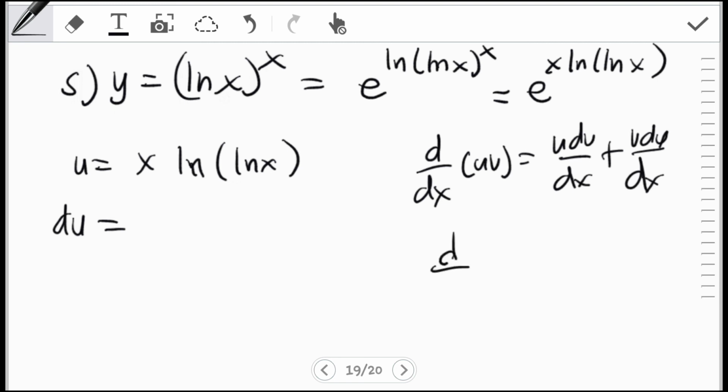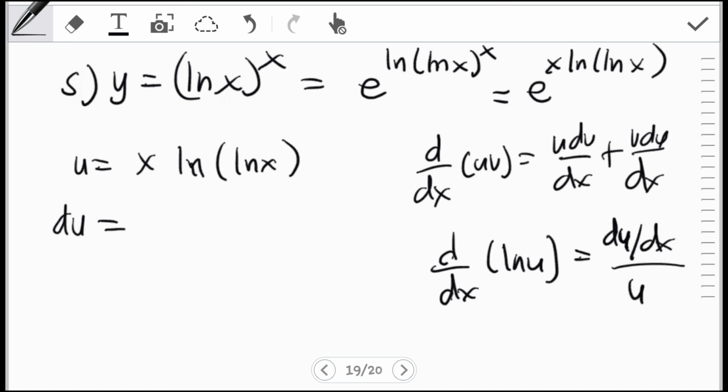Also this formula: d over dx of ln u is equal to du over dx over u.